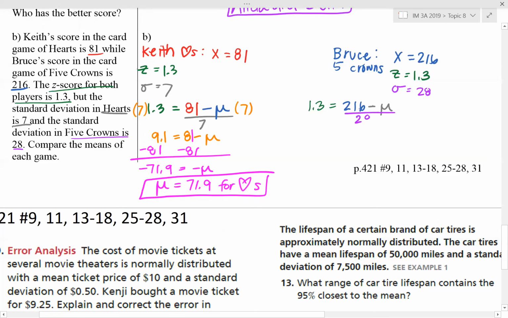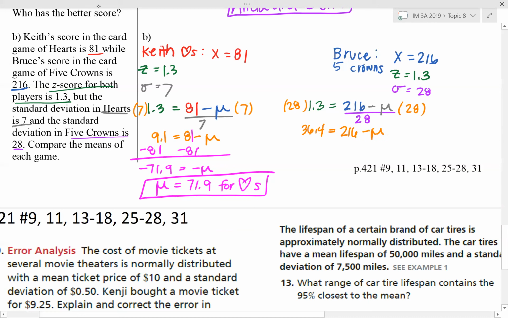So the process is the same when I'm solving for the mean because I know the same two pieces. However, I'm multiplying this time both sides by 28 to get rid of the denominator. So 1.3 times 28 is going to give us 36.4 is equal to 216 minus the mean.